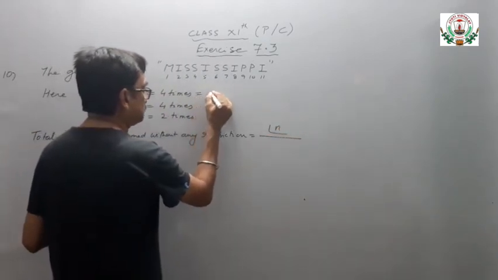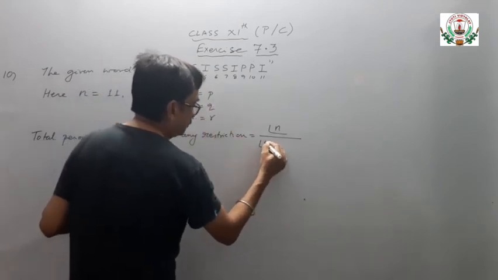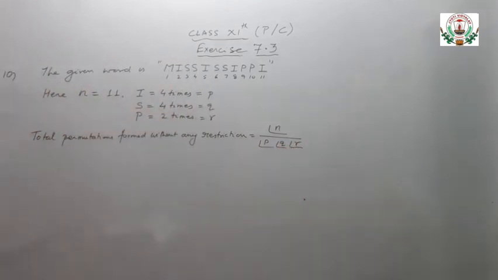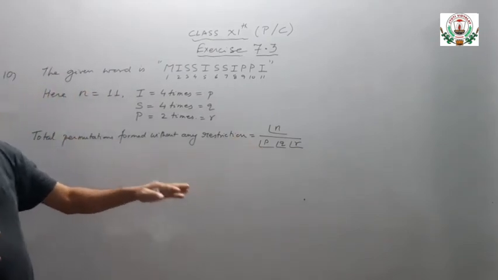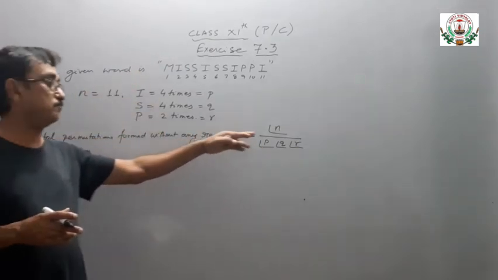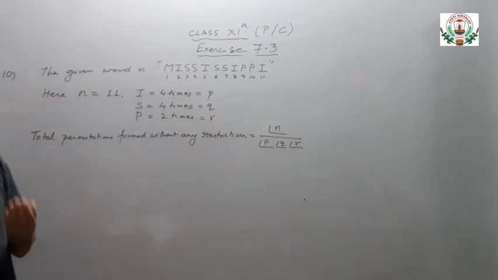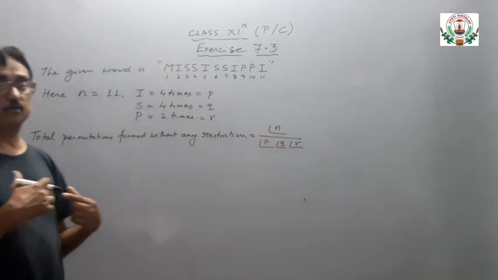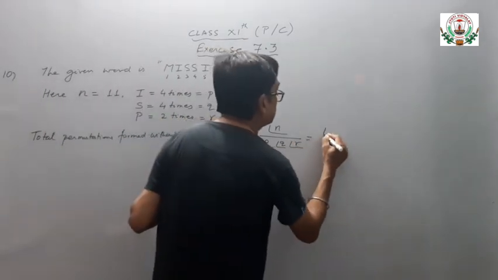Take the repeat counts as P, Q, R. If 2 letters are repeated, the formula is factorial N upon factorial P, factorial Q. If 3 letters are repeated, then the formula is factorial N upon factorial P, factorial Q, factorial R. If 4 letters are repeated, then it is factorial N upon factorial P, factorial Q, factorial R, factorial S.